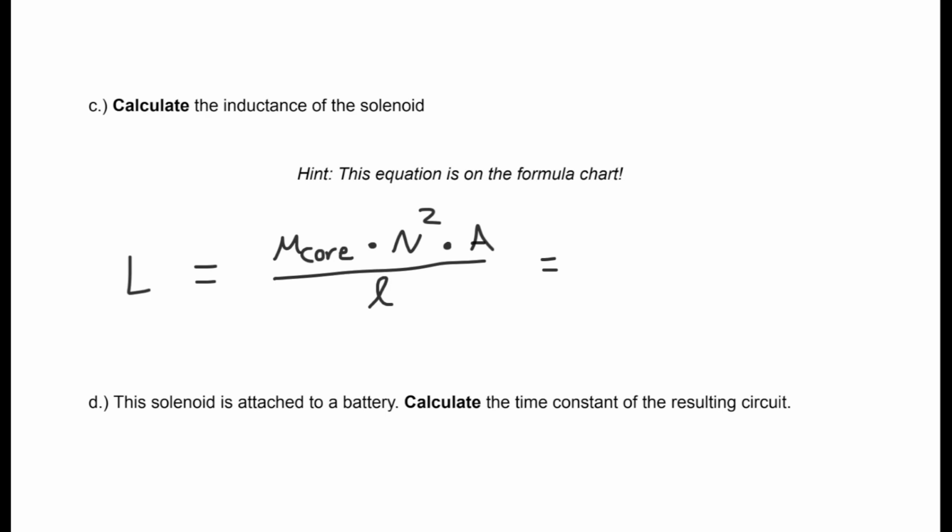I'll save us the details of plugging this in, but we do know everything. So 5,500 times mu naught, 50 squared, pi r squared of the coils, divided by the length, and we get 0.036 Henry, which would be 36 millihenry.